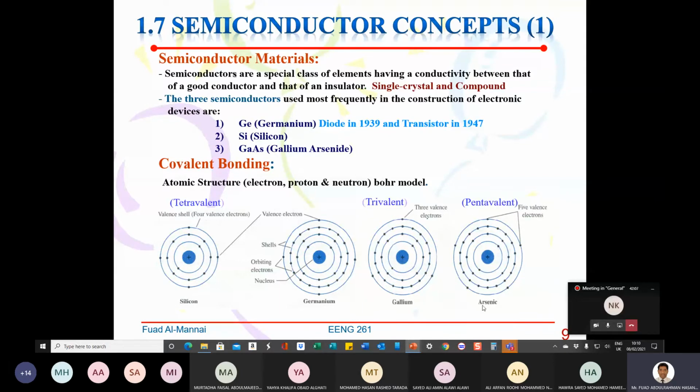While arsenic has 5 electrons in its outer shell, and we call that pentavalent. All right. So we're going to use gallium or arsenic.